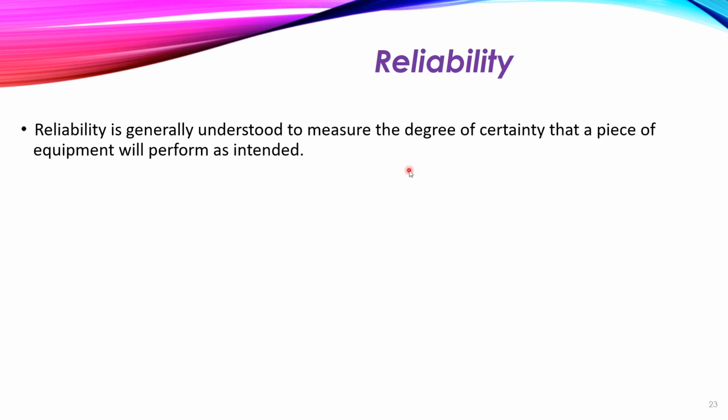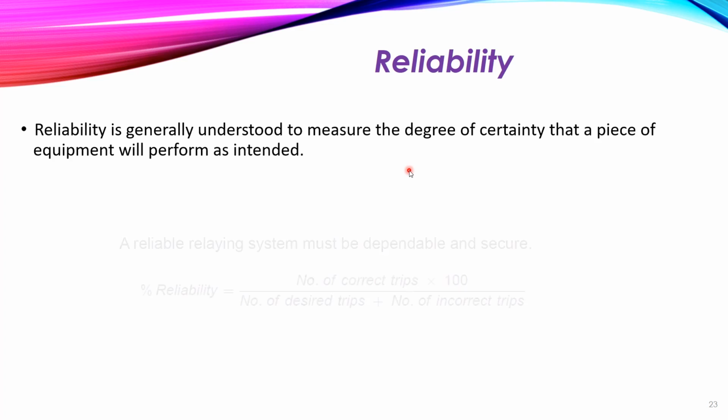And what we mean here by reliability is that the relay itself should be reliable. What does this mean? It means that we can rely on our relay. When a fault occurs, the relay should trip, and when a fault does not occur in the protection zone, the relay should not operate.